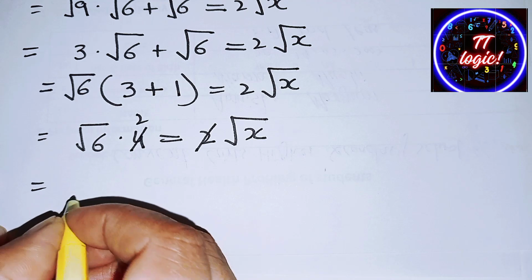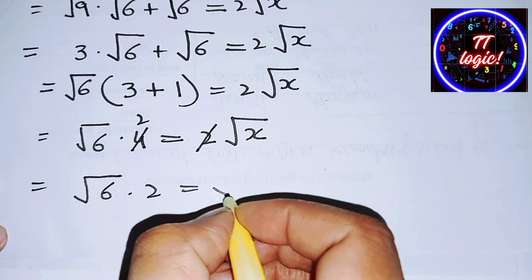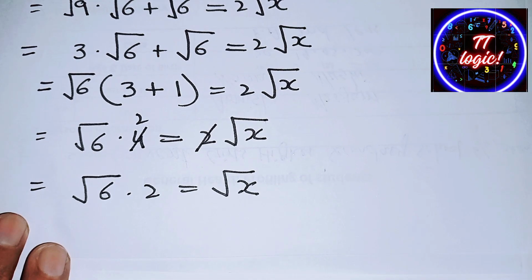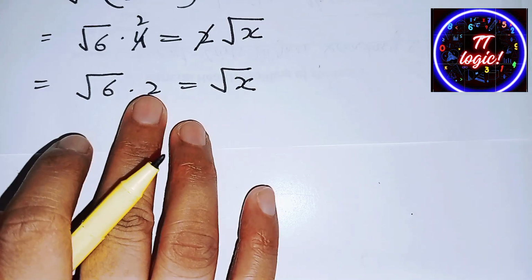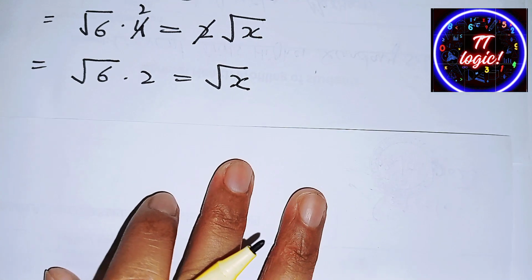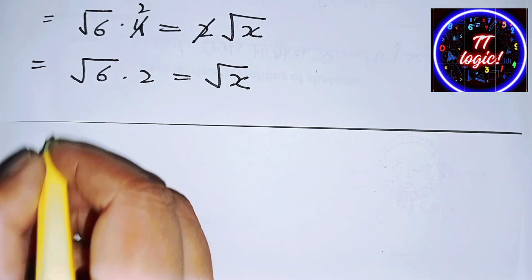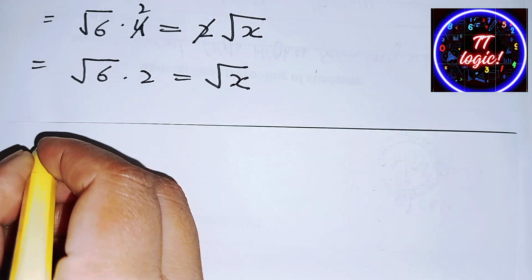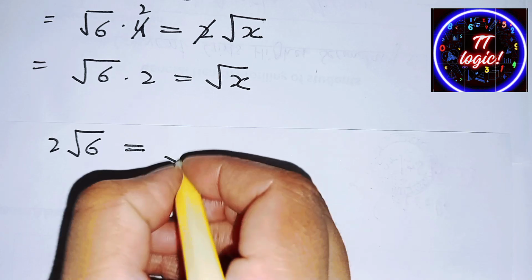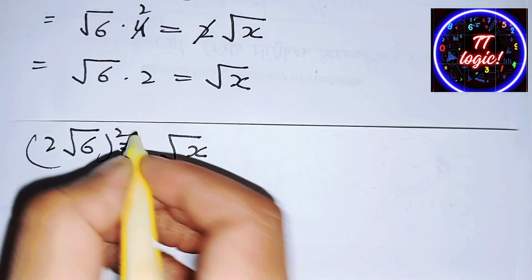So √6 times 2 is equal to √x. In the next step, that is 2√6 is equal to √x. Now we take the square of both sides.